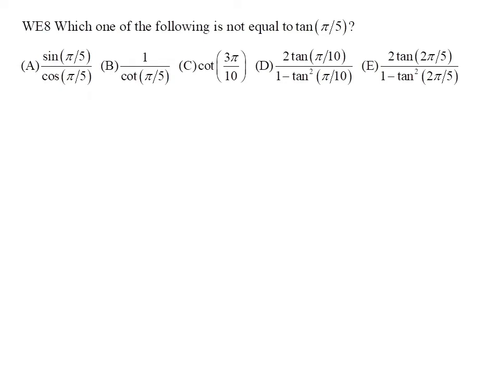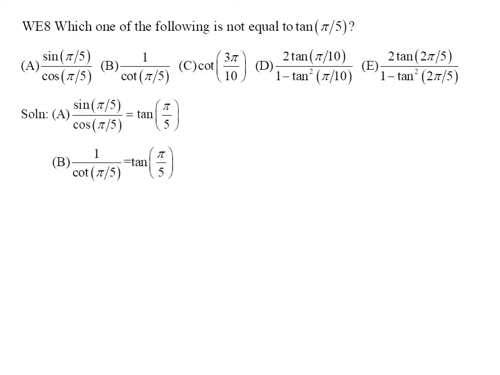Example 8 is a multiple choice question, and it asks which of the 5 expressions is not equal to tangent pi over 5. Now, let's look at these expressions one by one. As for expression A, sine pi over 5 over cosine pi over 5 equals tangent pi over 5, according to their definitions.